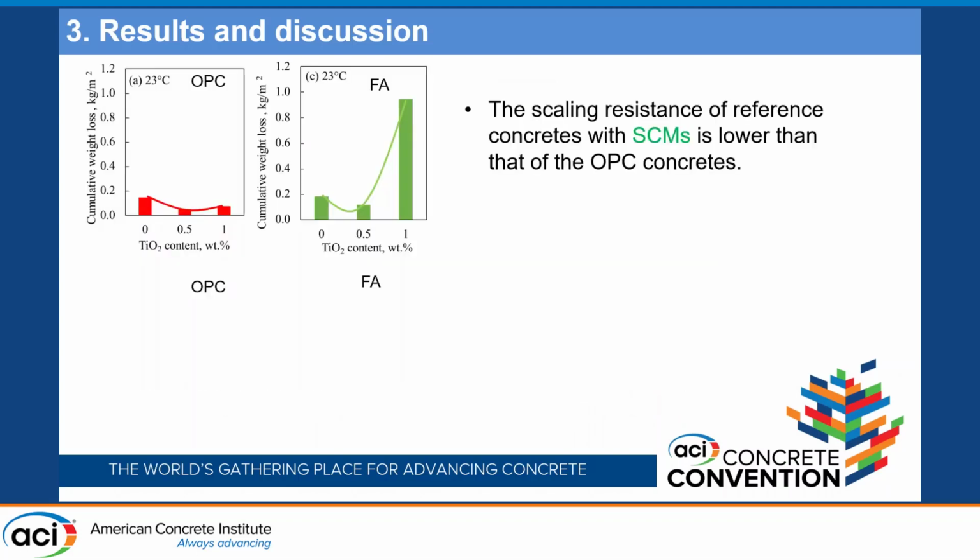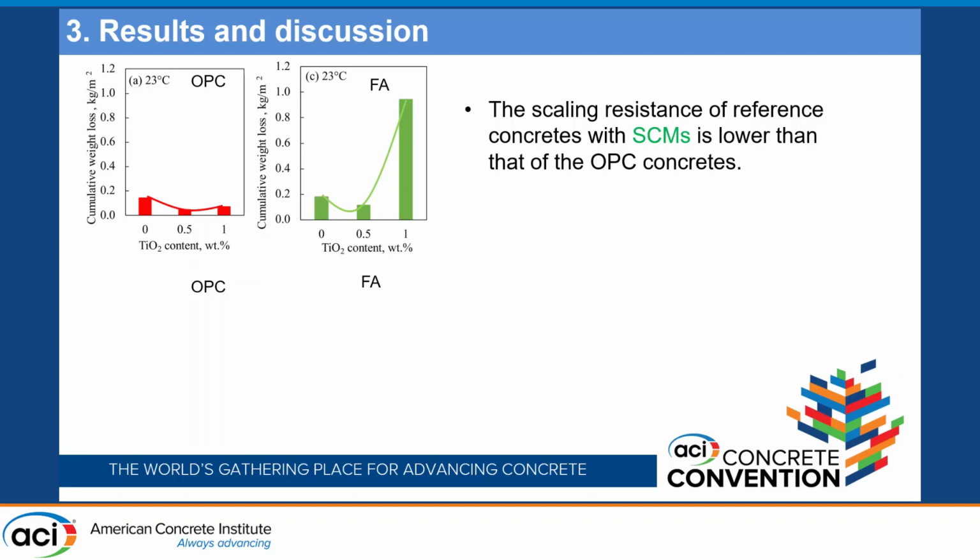And if you look a little bit more quantitatively on what was happening, you can see that fly ash concrete was scaling a little bit more, but adding about 0.5% of titanium dioxide helped it a little bit. Adding 1% definitely did not help.